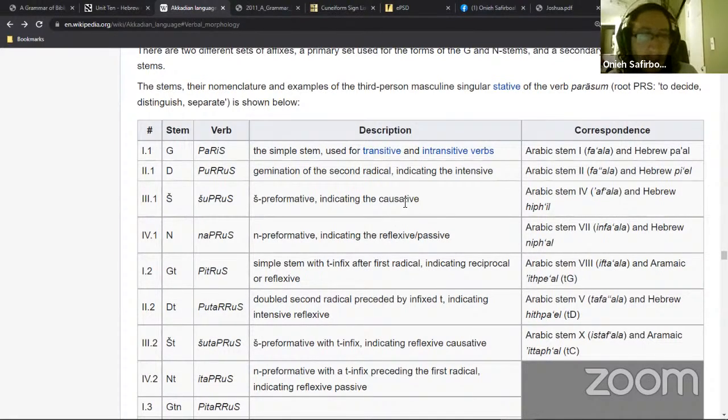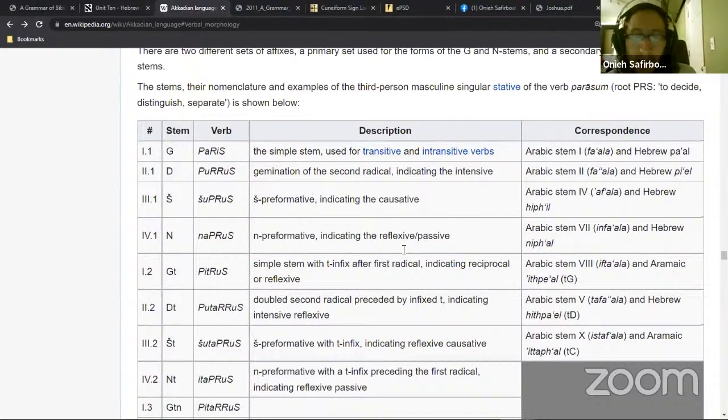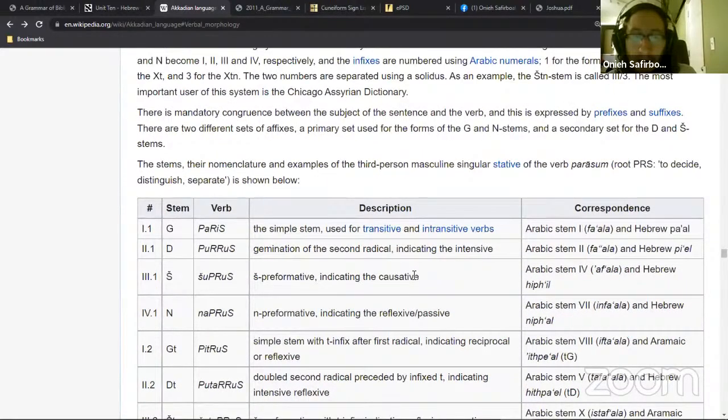So S at the beginning signifies causative. Okay, so in Biblical Hebrew, it's a hey. In Akkadian, it's a shin.